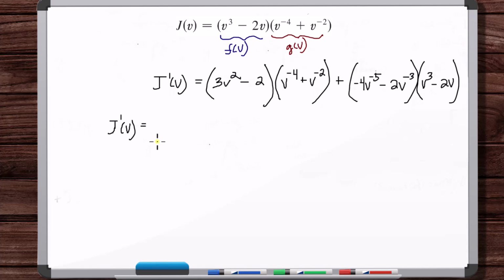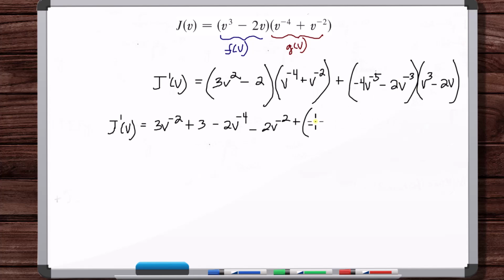Let's just simplify. So 3v squared times v to the minus 4 is 3v to the minus 2. Okay? 3v squared times v to the minus 2 is just 3. Then we've got minus 2v to the minus 4, and then minus 2v to the minus 2. All right. Plus, let's distribute all this.